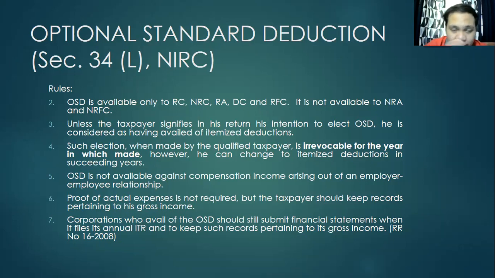And number 7, corporations who avail of the OSD should still submit financial statements when it files its annual ITR or the income tax returns and to keep such record pertaining to its gross income. So, iba naman pag corporation. So, even if hindi na siya kailangan as proof, di ba? Kailangan mo pa rin mag-submit ng financial statement kapag corporation ka. Okay? Pertaining to your gross income.